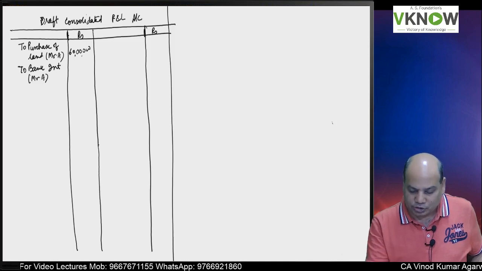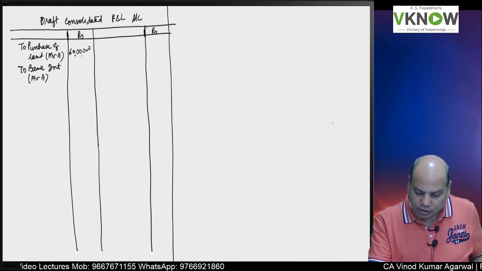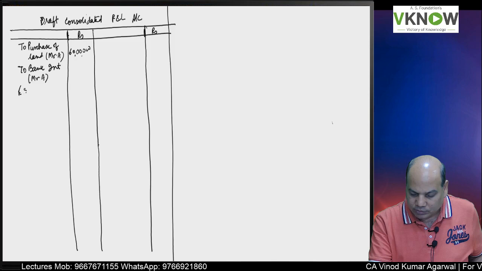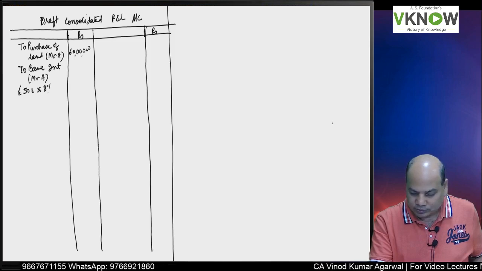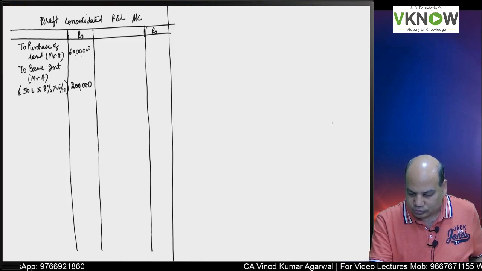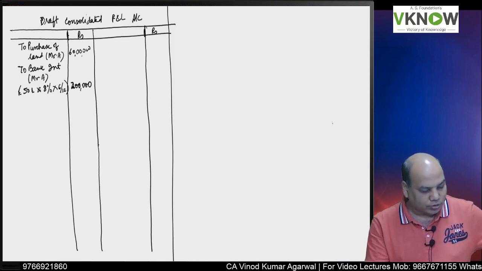Every partner will share the interest, and the interest amount will be, write the calculation, 50 lakh into 8% into 6 by 12, that comes to 2 lakh.